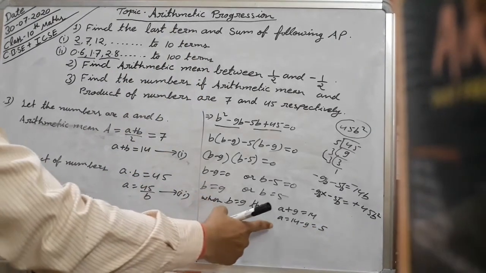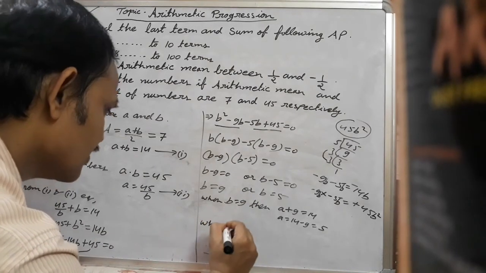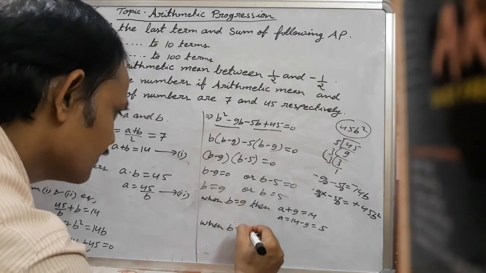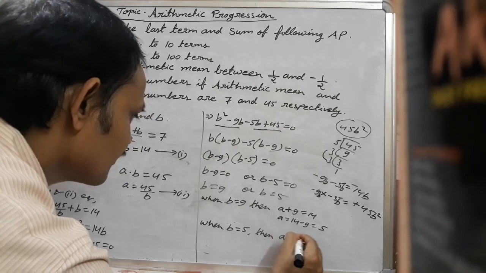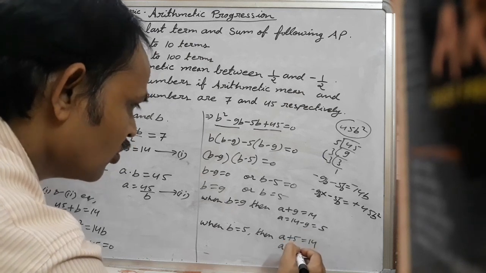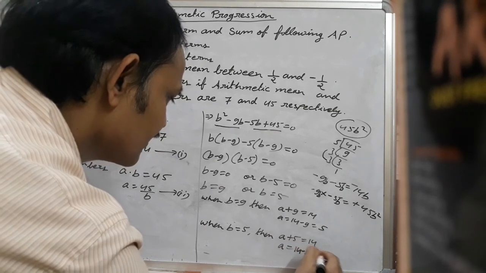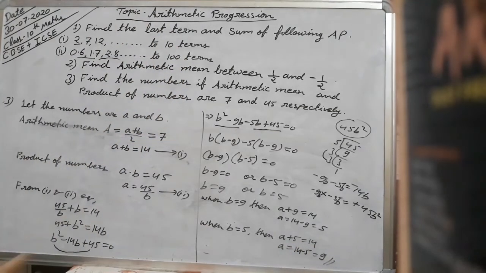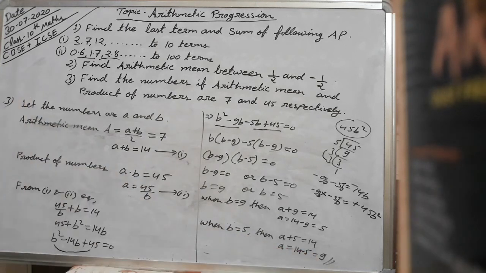When B is equal to 9, then A is equal to 5, and when B is equal to 5, then A plus 5 is equal to 14, or A is equal to, what will you get? 14 minus 5, that is 9. When the value of B is equal to 5, then you got A is equal to 9. In this way we can find the two numbers A and B. These are the answers.